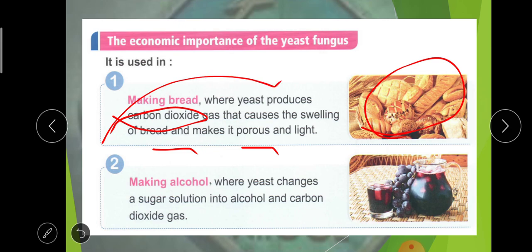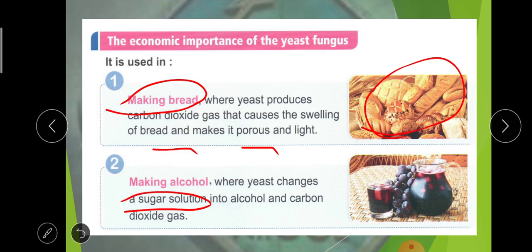So we add yeast fungus in pastry making to produce carbon dioxide gas, which makes the bread swell, porous, and light. The first economic importance of yeast fungus is making bread. The second is making alcohol, by adding yeast fungus to a sugar solution, which means a liquid like water that contains sugar.